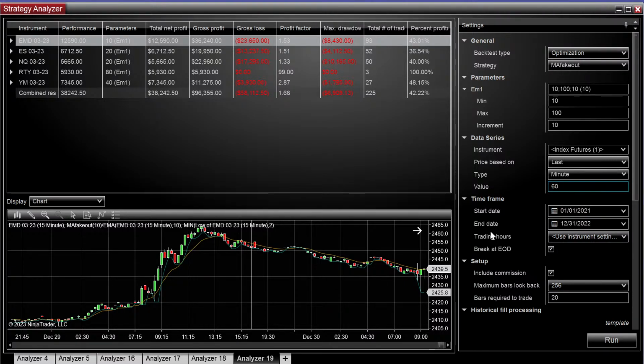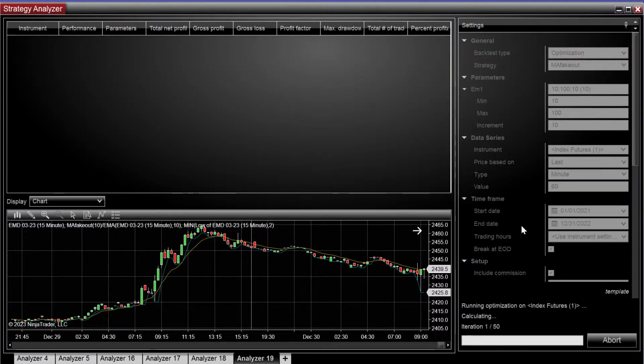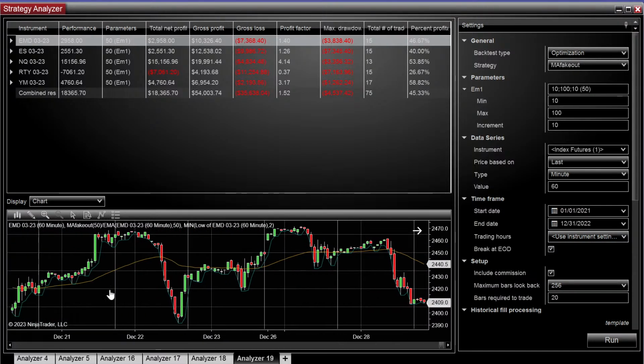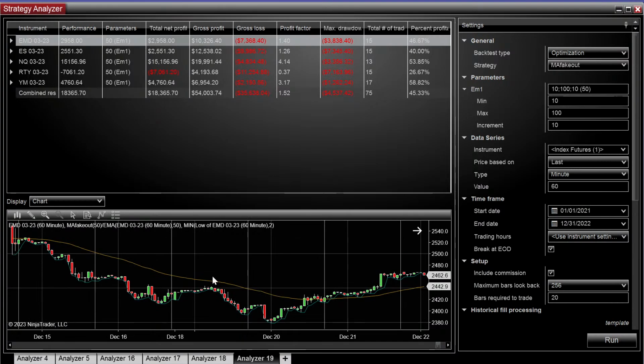So let's start off with the 60. Pretty decently low drawdowns.